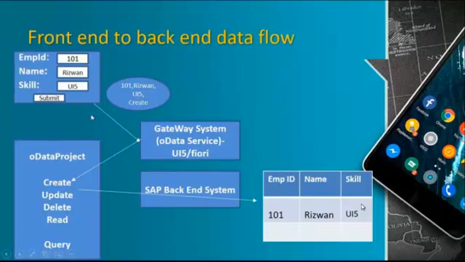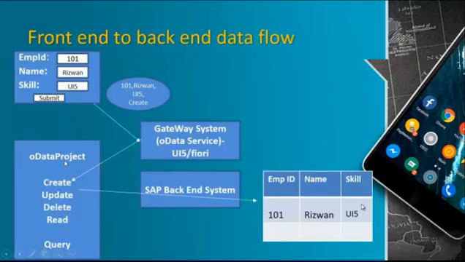So the solution SAP has given is, you go to the backend system and implement the CRUD operations in your ABAP language by creating something called an OData project. This OData project is created in a T code called SEGW in the backend system. So I will log in to the backend system and go to the T code SEGW, and in SEGW we create an OData project.